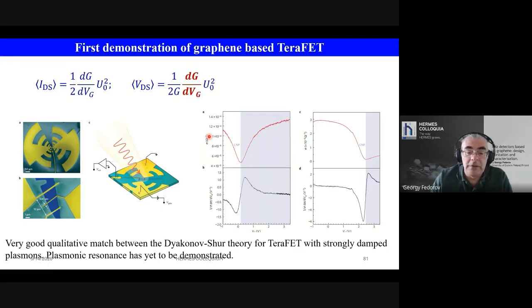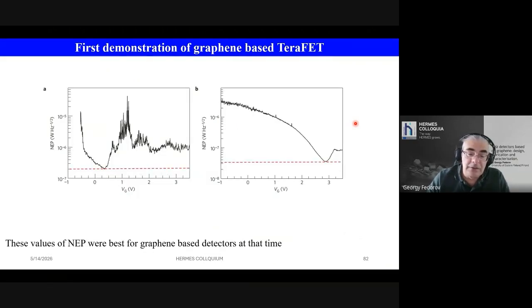Never mind about this. What they have observed is that the response of this device is really described by this Dyakonov-Shur formula theory, but with highly damped plasma waves, so no resonant effect. And interestingly, the noise equivalent power they detected is slightly better for double-layer graphene than for single-layer graphene, but it's not as good as you are supposed to have for a conventionally interesting detector.